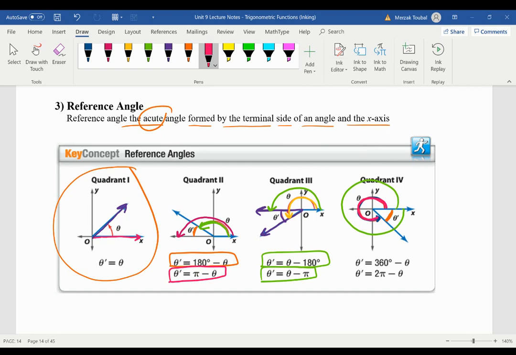So the green minus the purple, or red, will give us the angle theta prime, this one. So theta prime is 360 minus theta. In radians it will be 2 pi minus theta.